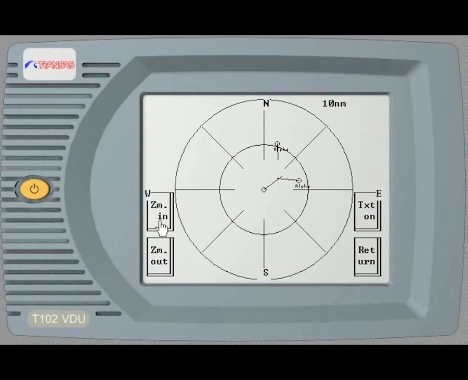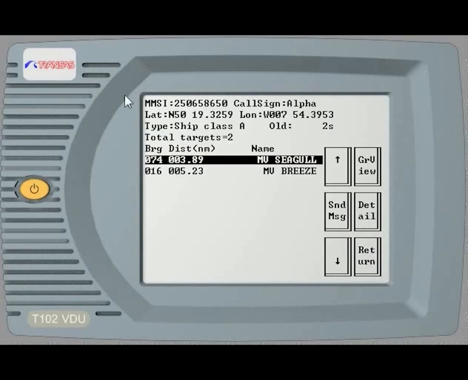Alright, so in the 5-mile range, only one vessel is available on our starboard bow, and if we increase to 10 miles, the other vessel will appear. So if you want this view, you can use that. If not, you can always return to the normal view.